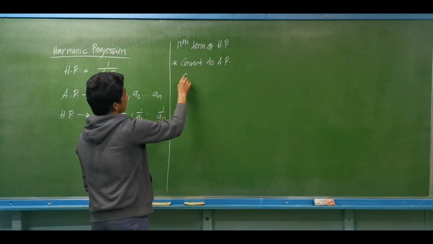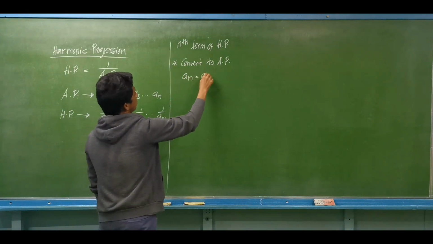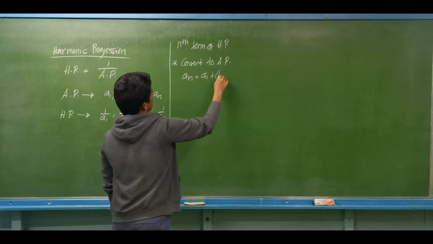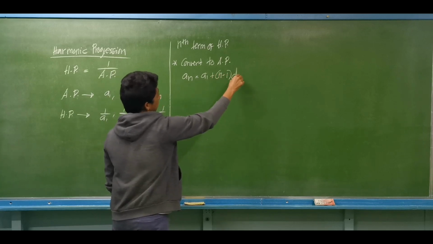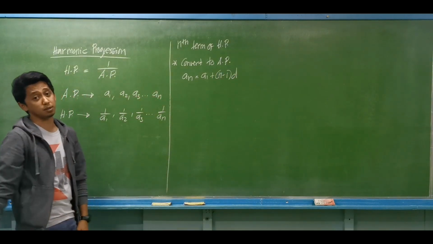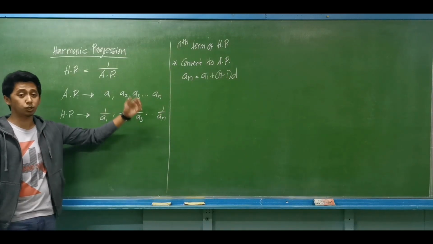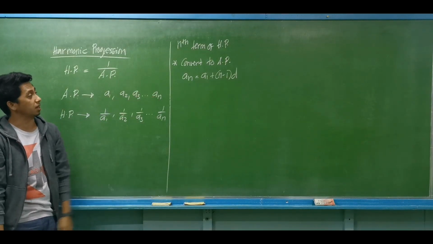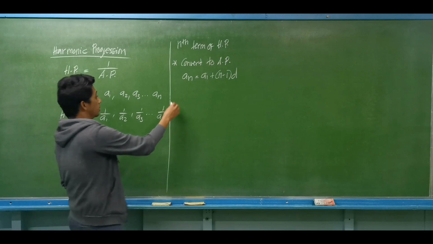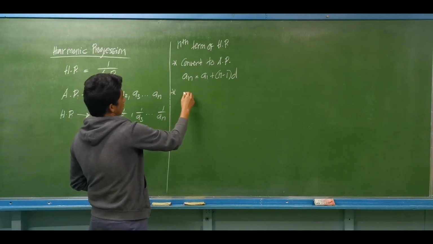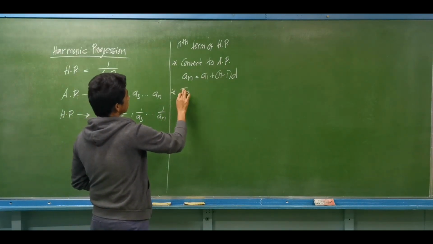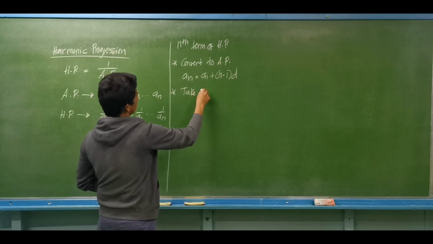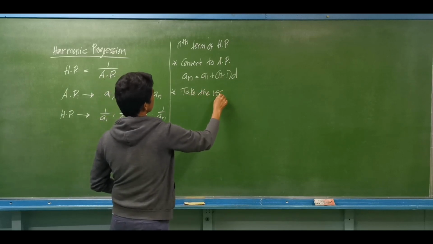For the computation of the nth term, a sub n is the first term plus the number of terms minus 1 multiplied by the common difference. So convert to arithmetic progression, use the equation under arithmetic progression. Next, we take the reciprocal.